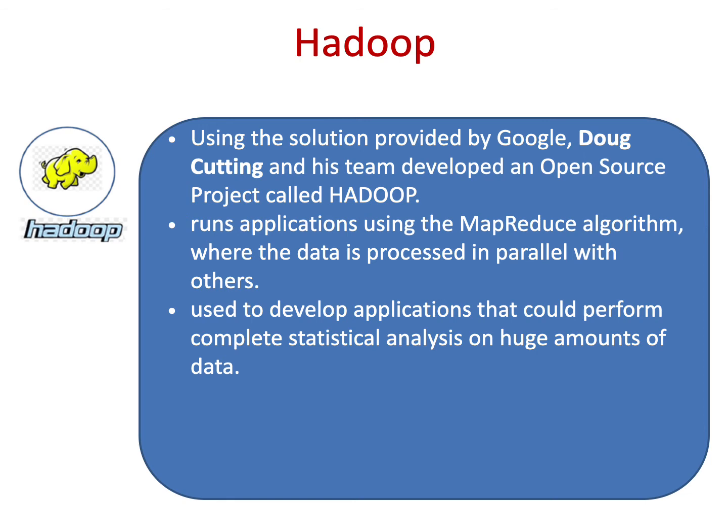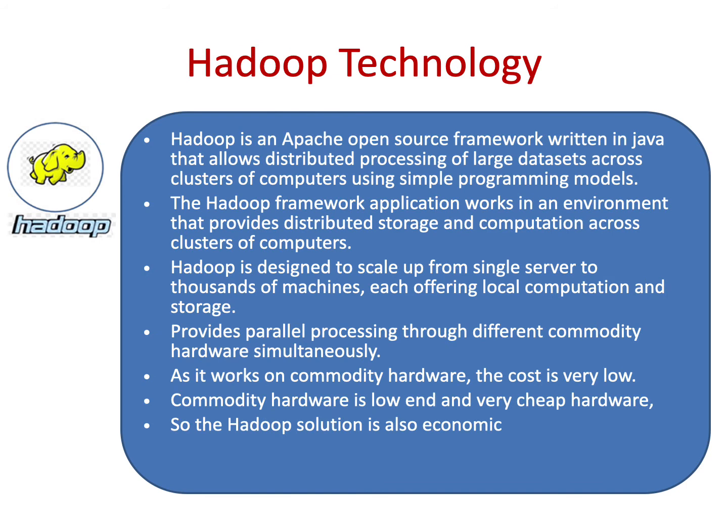So, in this way, Hadoop has been developed, and it is an Apache open source framework written in Java, which allows the distributed processing of large datasets across clusters of computers using simple programming models.